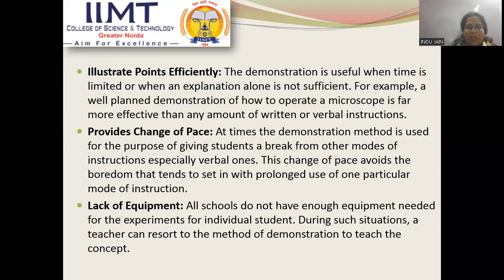Lack of equipment. If schools do not have enough equipment needed for the experiment for individual students, this strategy is very important. During such a situation, a teacher can resort to the method of demonstration to teach the concept.